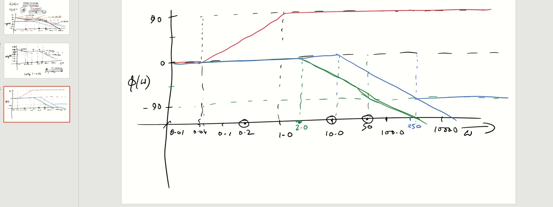It's not the magnitude plot, it's the phase plot. So I mistakenly drew it drooping from there. Yeah. So that is the asymptotic phase plot.